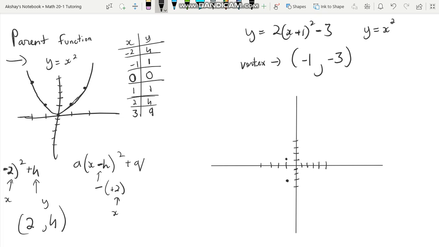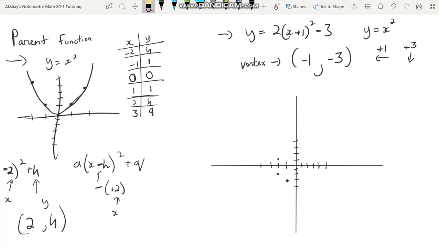Now if I want to transform this function, I would have to move my point 1 to the left and 3 down. So I move my point 1 to my left, which brings it here. And when I move my point 3 down, I get 1, 2, 3, to y is equal to -2.